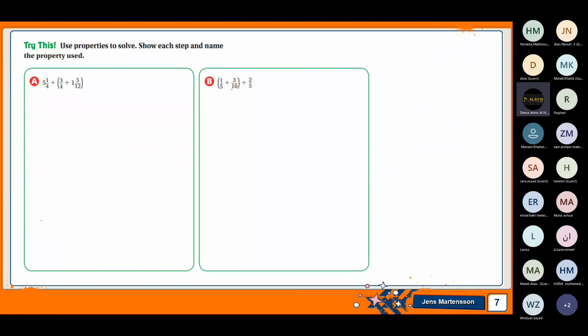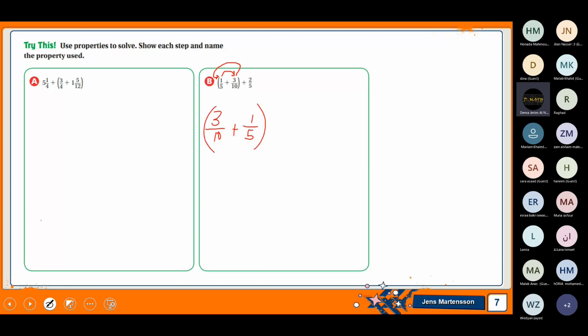First of all, which property do we have to use in order to put the 5 as the second fraction? We will make in the parentheses 1 out of 5 and 2 out of 5, so 3 out of 10 first, and then I will put 1 over 5 at the last.